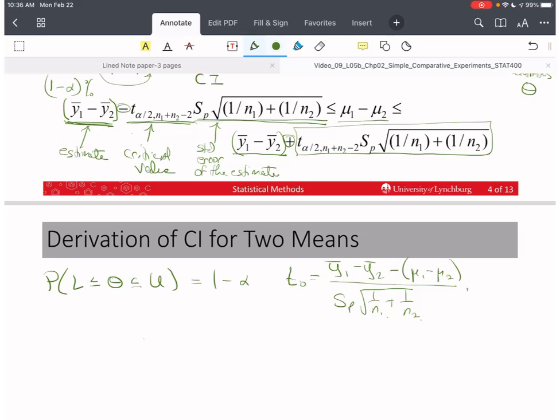And this has a t distribution with n1 plus n2 minus 2 degrees of freedom.